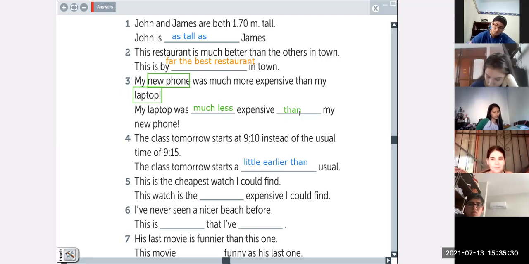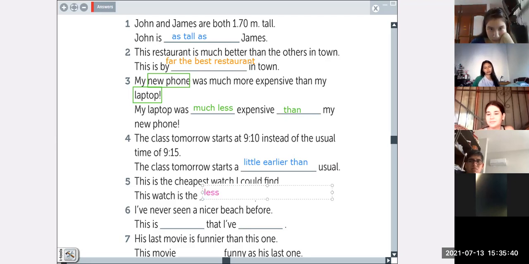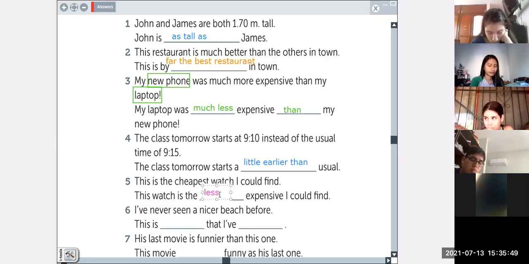This watch is the... Maybe less expensive. Less. ¿Cuál es el superlativo de less?